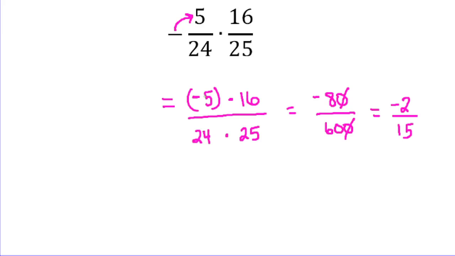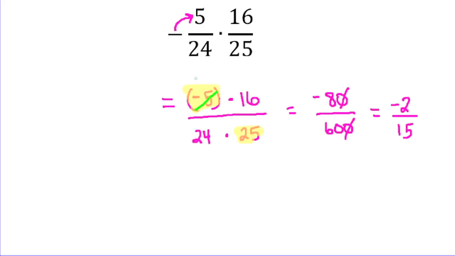What we're going to do here is some simplifying before we multiply. If you notice, this 5 and this 25 have a common factor, and that factor is 5. So I'm going to reduce both of these by a factor of 5.